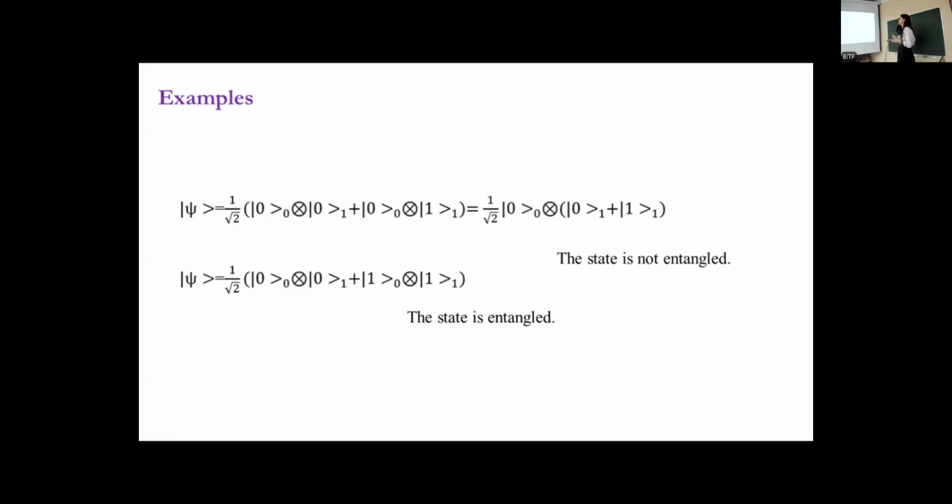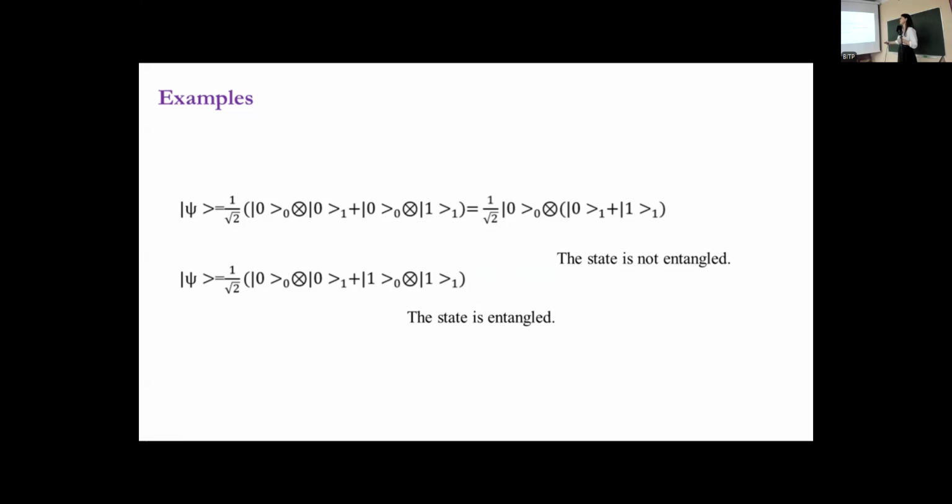And we can rewrite this state in the following form. So we have a clear understanding that the state of qubit 0 is the 0 state, and the state of qubit 1 is a superposition of 0 and 1 states. So we have a clear understanding of what we have in our system. So the state is not entangled because we can rewrite this expression in the following form.